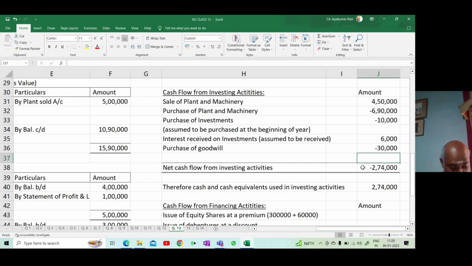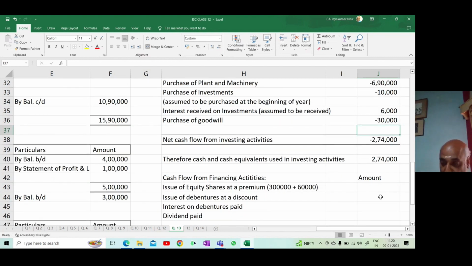Therefore, what is your cash flow from investing activities? It is 2,74,000. Because it is negative, we say cash and cash equivalents used in investing activities 2,74,000.